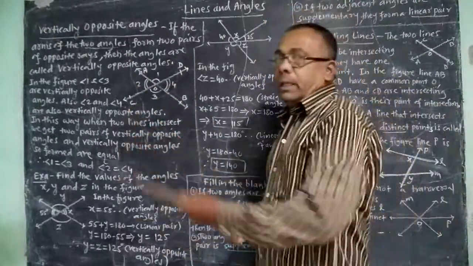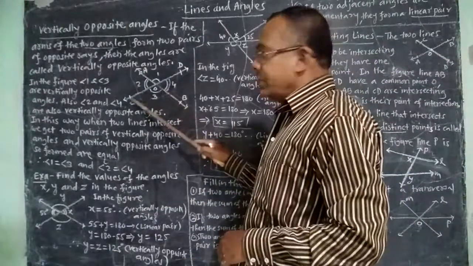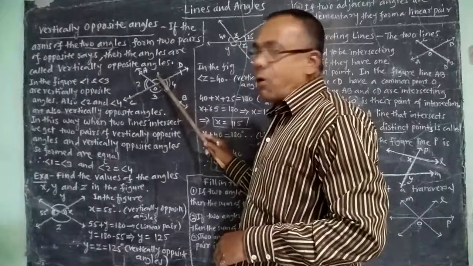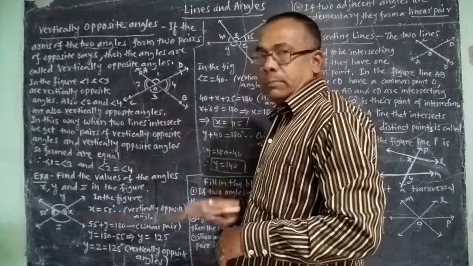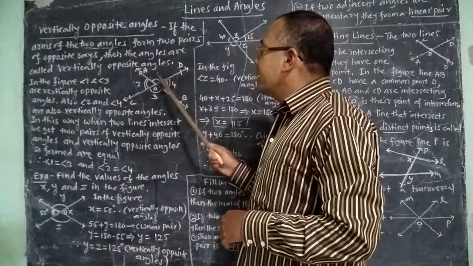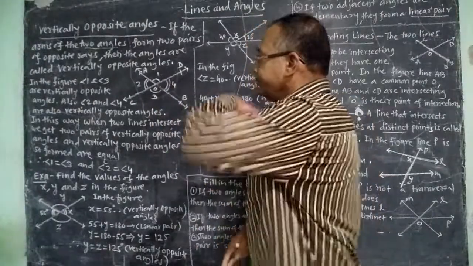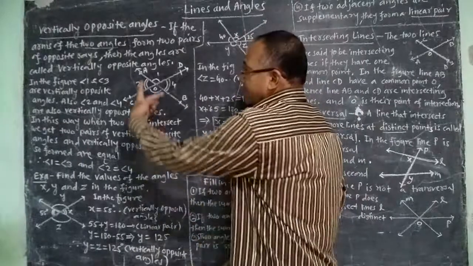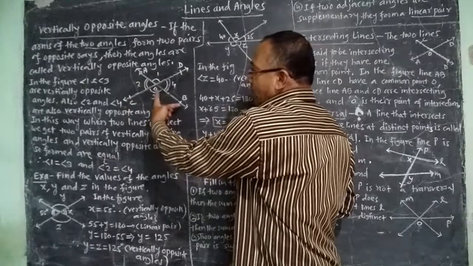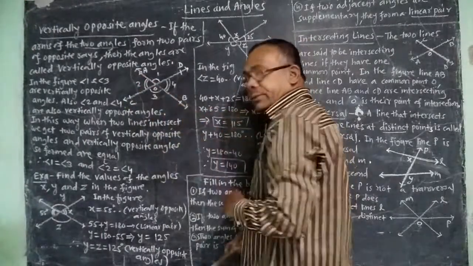Here in the figure, line AB and line CD are intersecting, and due to this, four angles are formed: 1, 2, 3 and 4. Now, if we consider angle 1 and angle 3, it is seen that the arm of angle 1, OA, and the arm of angle 3, OB, form opposite rays.